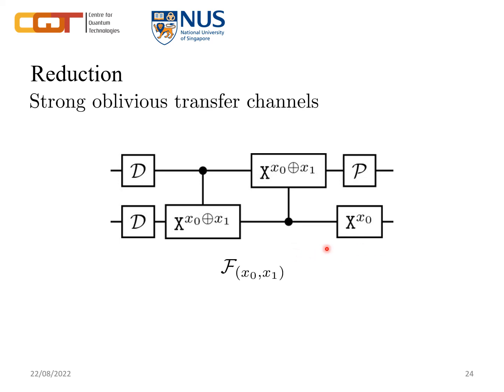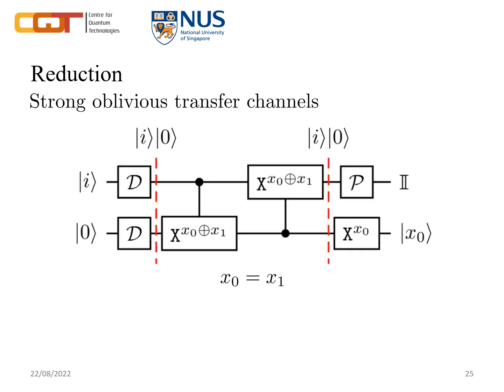And finally, we apply an X gate on the second qubit if x0 equals 1, and we apply a completely depolarizing channel, denoted by P, on the first qubit.